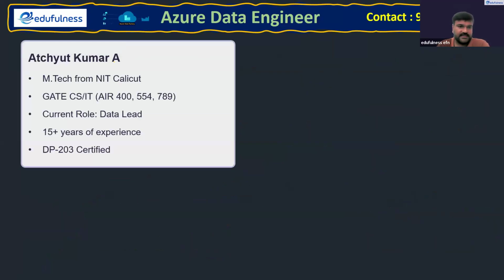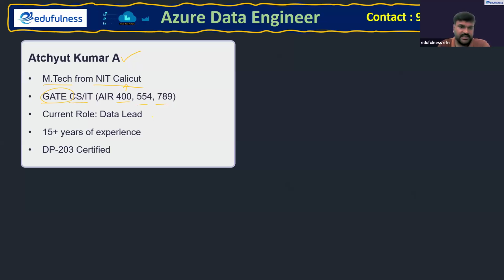Then coming to myself, my name is Atchyut Kumar. Hope you might have seen me here and there, or in the messages. I did my MTech from NIT Calicut, and my GATE rank, hope you know the GATE exam, one of the toughest exams in India. In computer science, my all India rank is 400. With that, I did my MTech, and I have some other best ranks in different years.